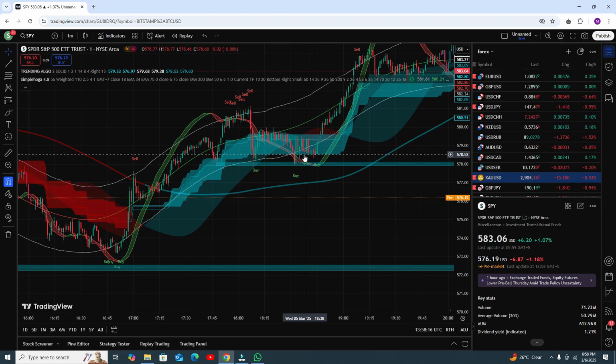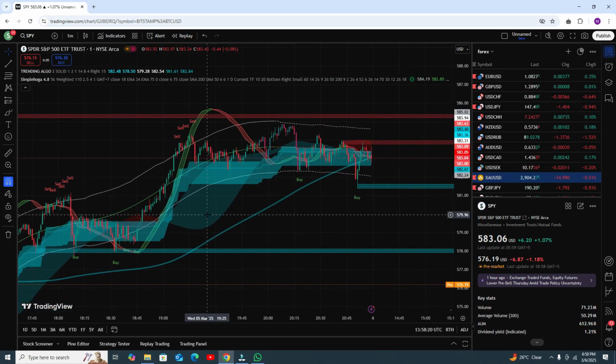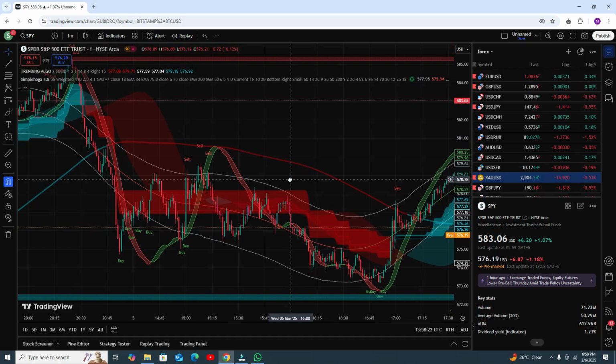It will give you 100% accuracy like this one. Let me give you some more identification like this one. RSI is upside from the upper band line, trending clouds are red and the trend line is red, so that is a very strong sell signal, and it will give you 100% accuracy.